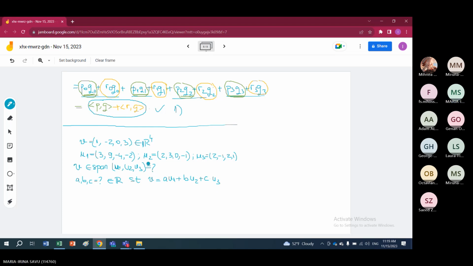Actually, seeing that V is in this span doesn't necessarily imply finding A, B, and C. I have written here that you have to find A, B, and C, but actually the problem is that you must see if A, B, and C exist such that V is this one.